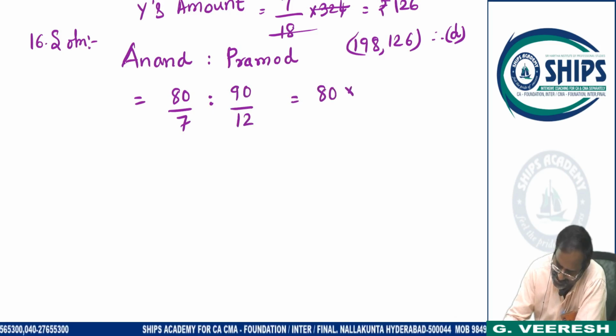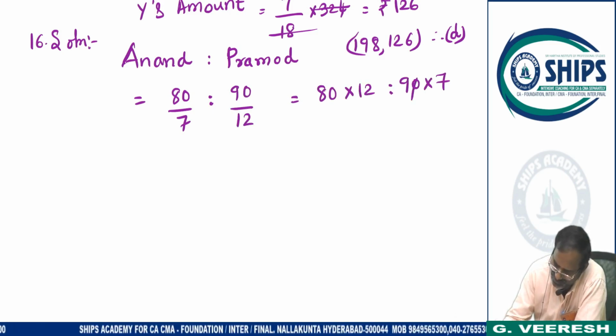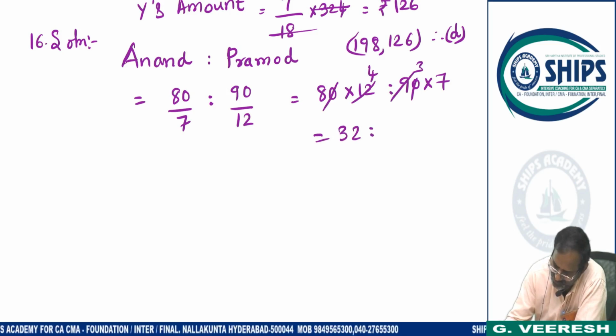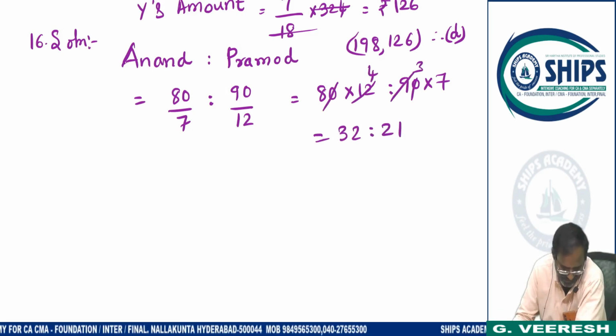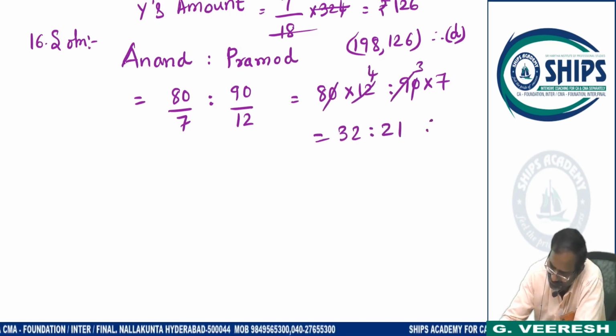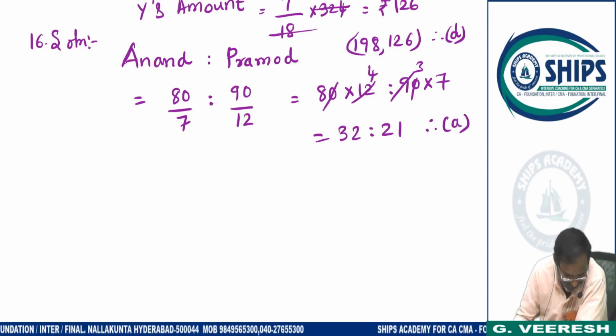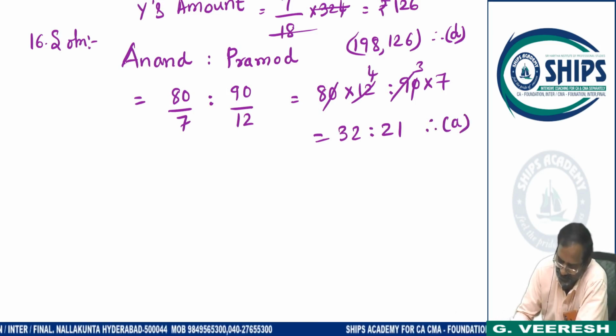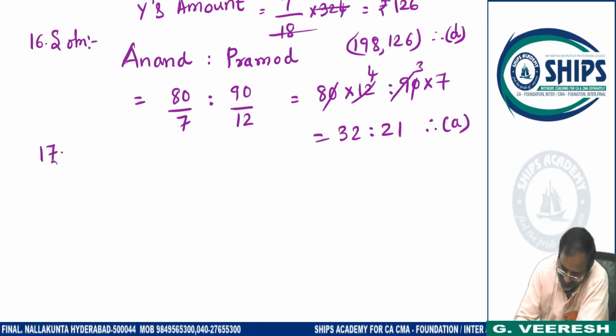Any fractions given as ratios, we cross multiply. Now the zeros will cancel; 3 threes are, 3 fours are. So it is 32:21. 32:21 means option A. Okay, clear.